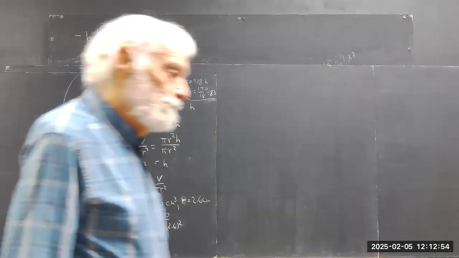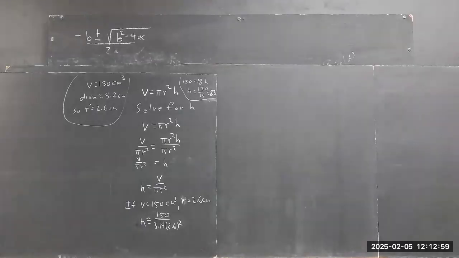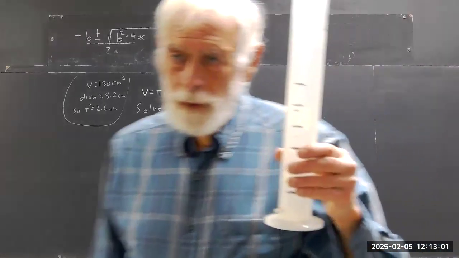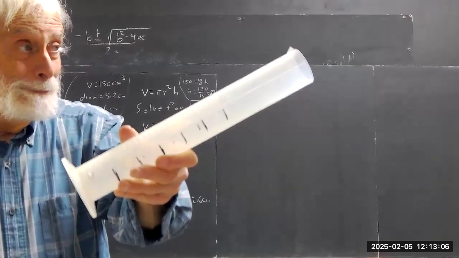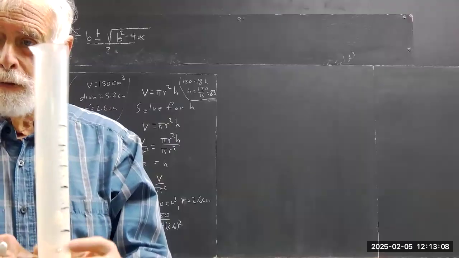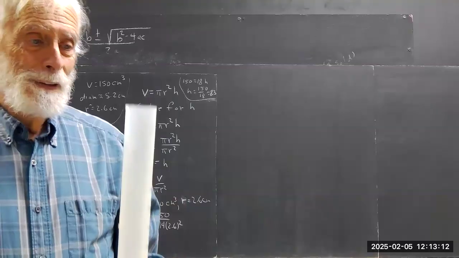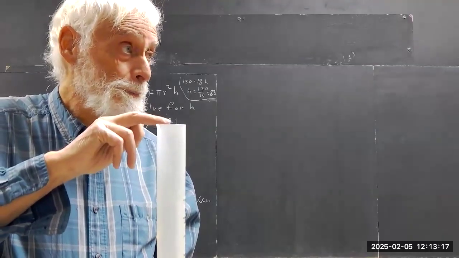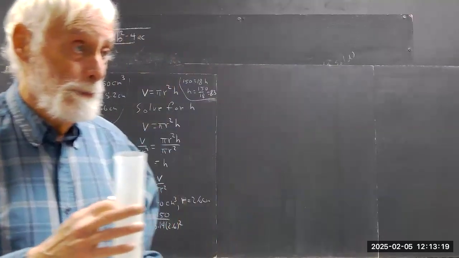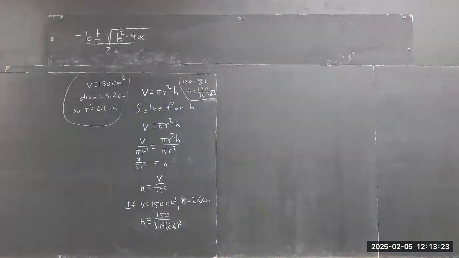Now, if, for example, I wanted to find out the height of this cylinder, well, first I'd hold my finger over this little spout down here. Okay. And it filled up with water. And I'd measure the radius. And I could figure out the height. If I've got a whole table full of cylinders, somehow I want to find the heights.